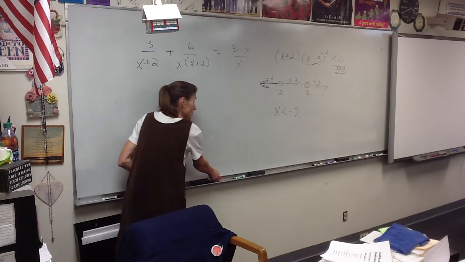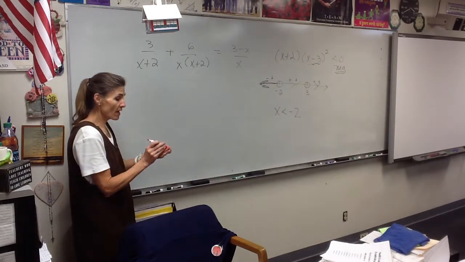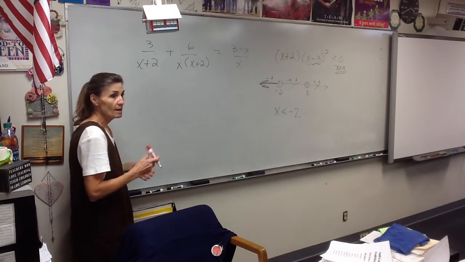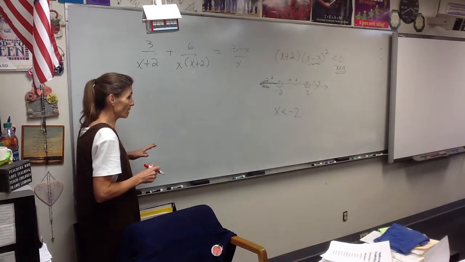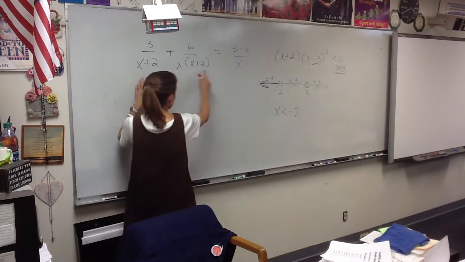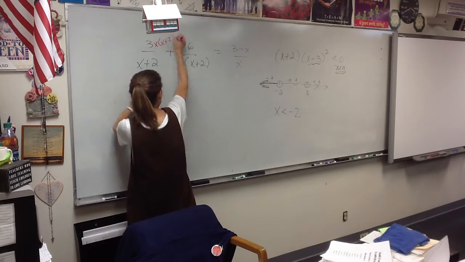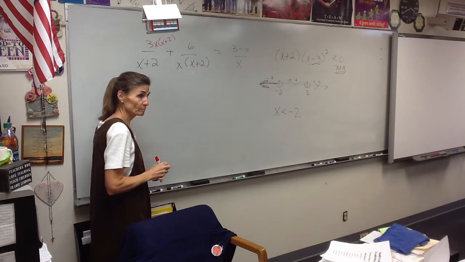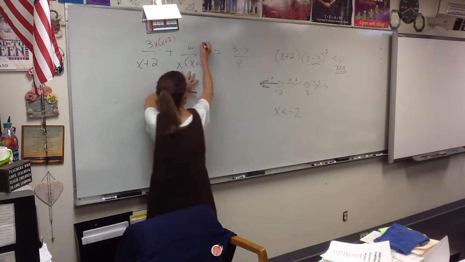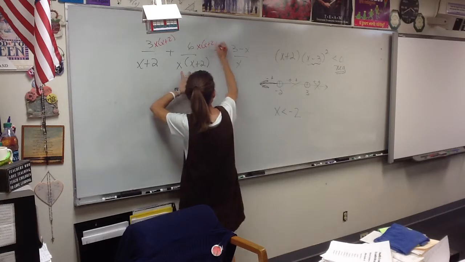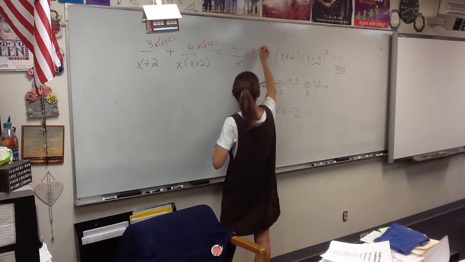Now, what do I do at this point? Once my denominators are factored, what do I do? I figure out what I'm going to multiply by. In order to make everything cancel, I'm going to need to multiply by an x and an x plus 2.